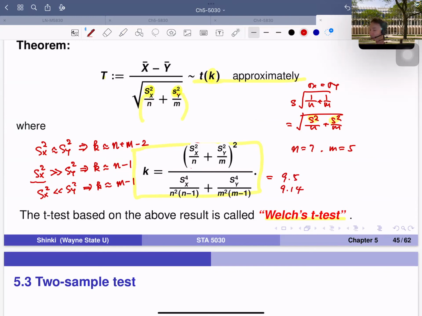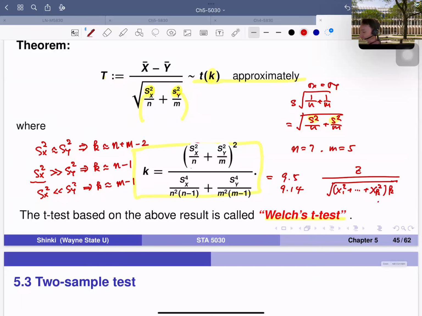But the t distribution is defined by random variables using this. Suppose that X1 to Xk are independent standard normal random variables, and Z is also an independent standard normal random variable. Then we define the t random variable by this.